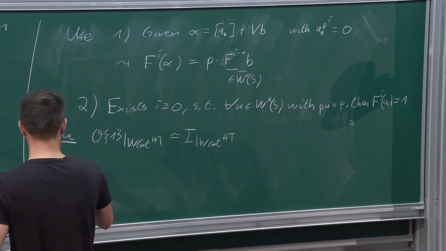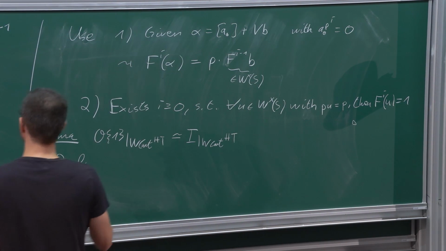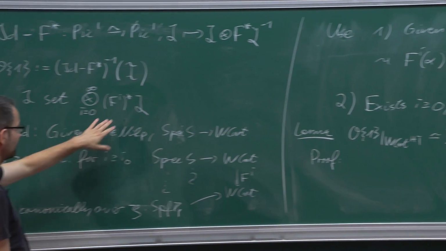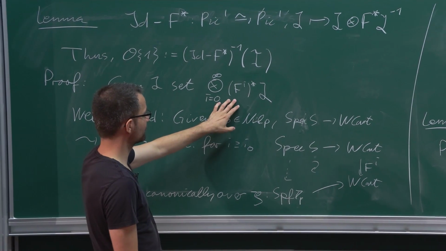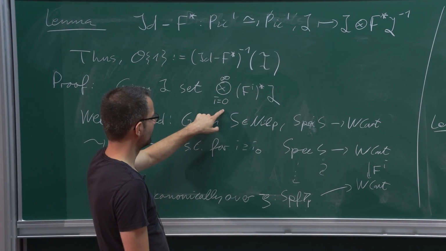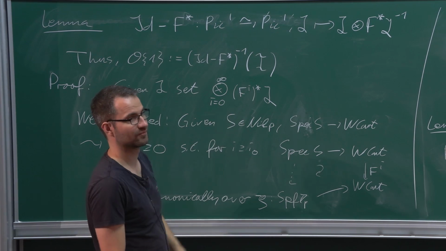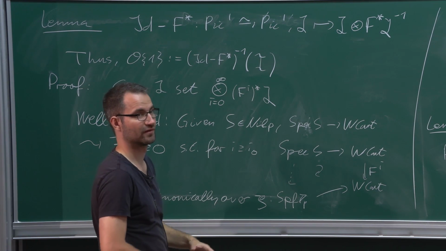And so for this, by construction of this inverse via infinite tensor powers, it's sufficient to show that actually for i greater or equal than 1, this Frobenius pullback is canonically trivialized.